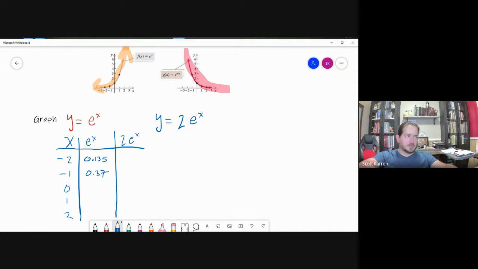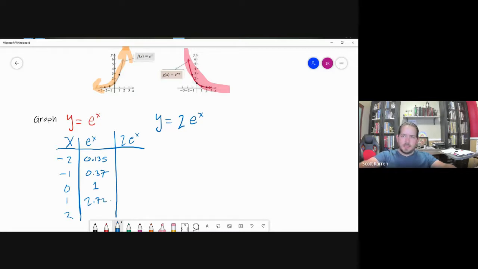e to the 0 is going to be 1, because anything that's not 0 that gets raised to the 0 is 1. e to the 1 is just going to be e itself, which was that 2.718-ish, so 2.72-ish.